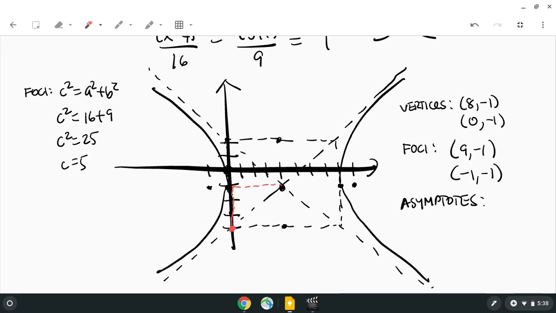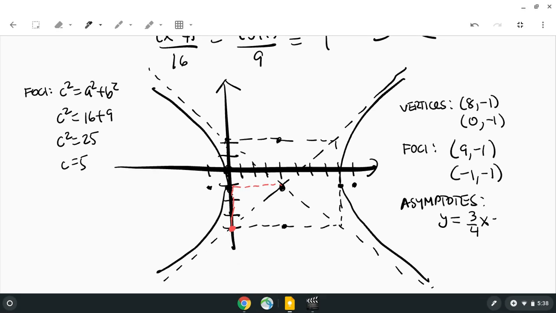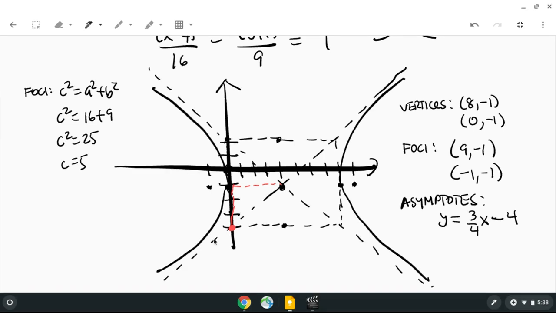So my first line, the positive line, is going to be y equals, what was my slope? 1, 2, 3, 1, 2, 3, 4. So positive 3/4 x. The y-intercept is down here at -4.